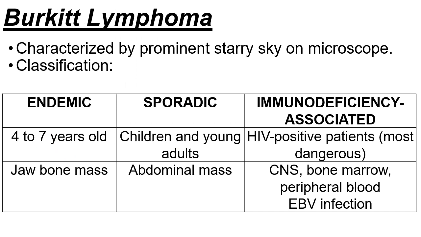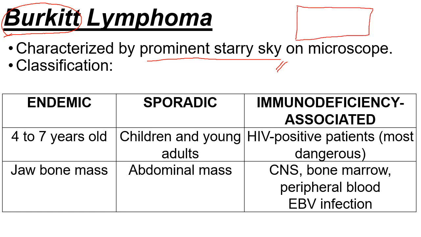Okay, proceed tayo with Burkitt's lymphoma. The characteristic na makikita natin under microscope is the starry sky pattern. Mamaya papakita ko sa inyo ano ibig sabihin ng starry sky. Or drawing lang natin. Okay? So, ang starry sky na yan, merong drawing natin mabuti.